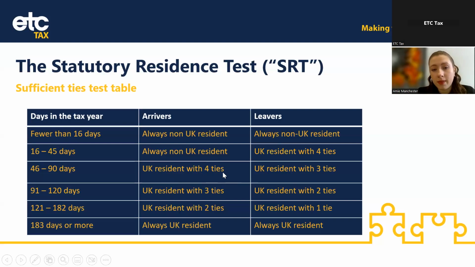For arrivers, in order to be deemed a resident, they would need to have 4 ties. If they had 3 ties, or 2, they won't be a UK tax resident. However, for a leaver, it's different, and they would only need 3 ties, which is 1 tie less. So that demonstrates it is easier for a leaver to be considered a UK tax resident.